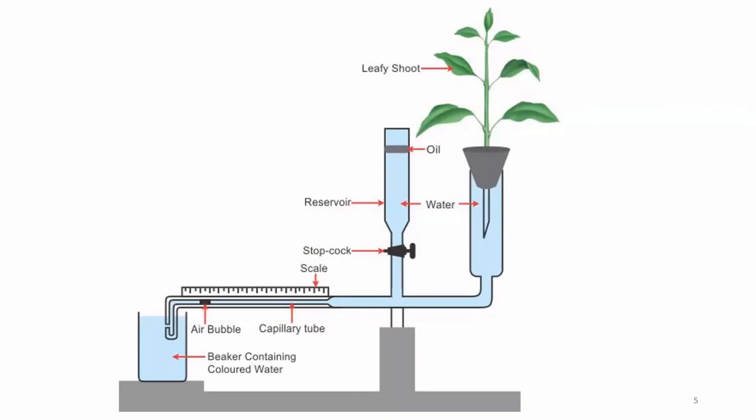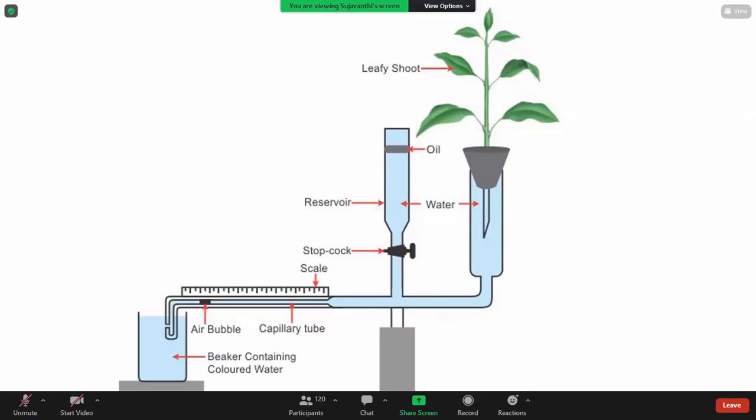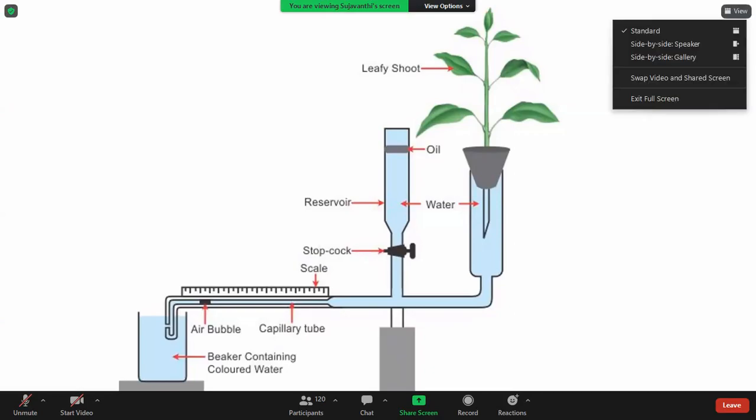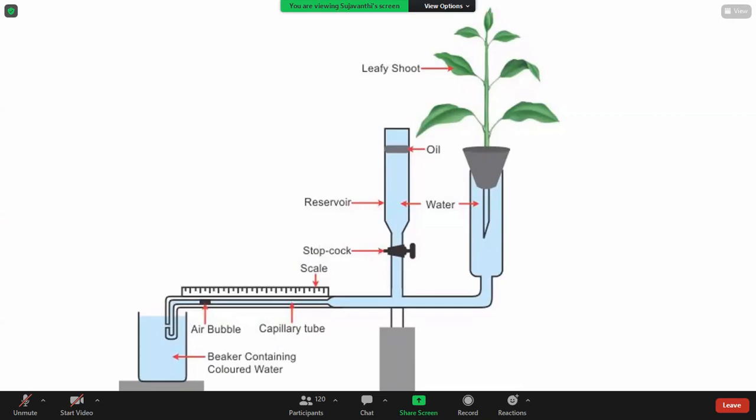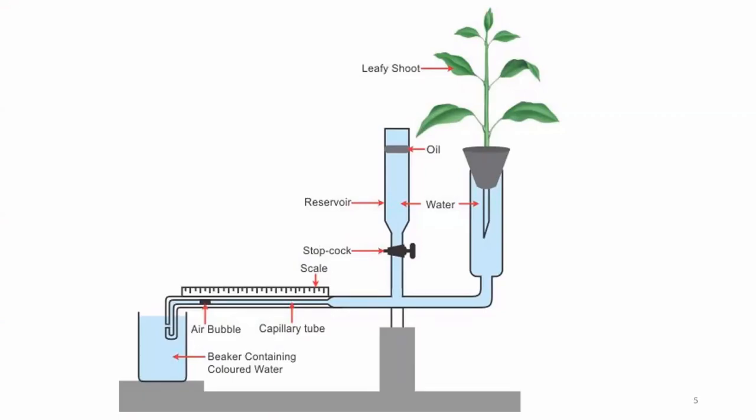Ma'am, can I try now? Yes, you can. First, we fill the Ganong's potometer with water. Then on one side we hold the plant part with the leaf, and on the other side we dip it in the water beaker. Then we make an air bubble in the capillary tube and put the setup under the sunlight.